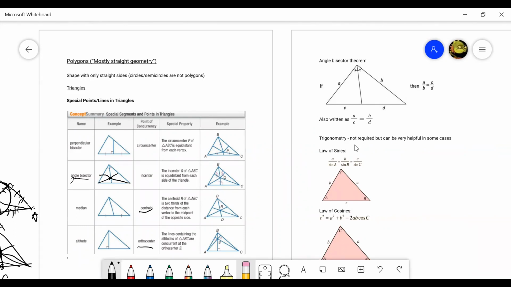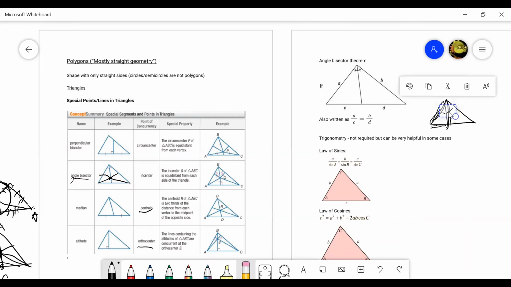You can think of it as the two sides on the same side of the angle bisector being in proportion to the other two sides.